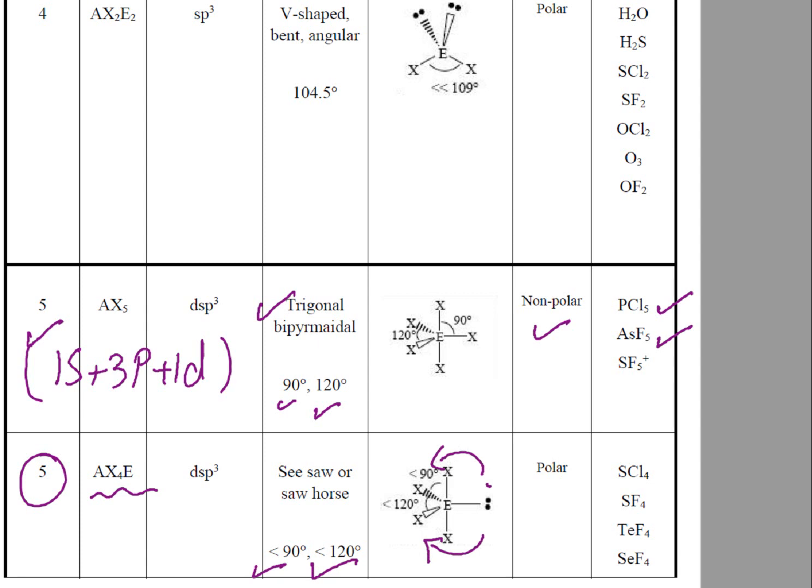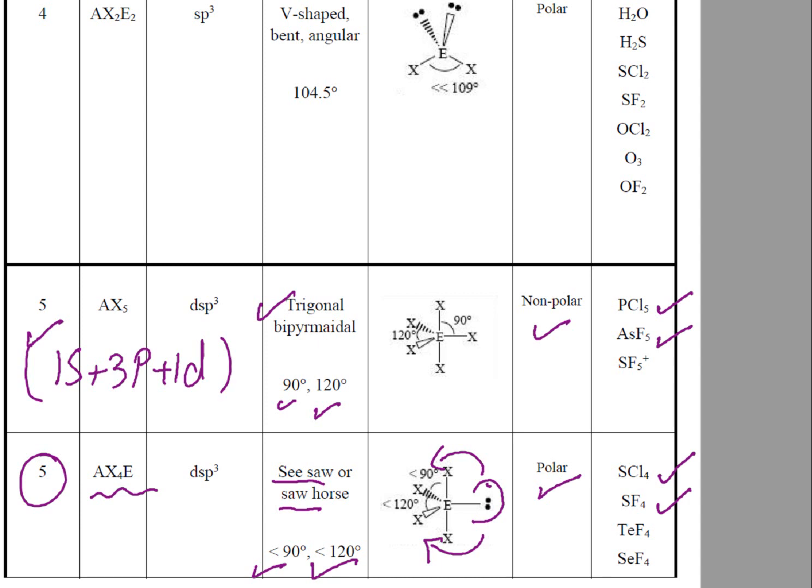This molecule is called seesaw. Of course, it will be polar due to presence of the lone pair and because the dipoles are not cancelled out, or you can say there is a net dipole moment. Example is SCl4 or SF4.